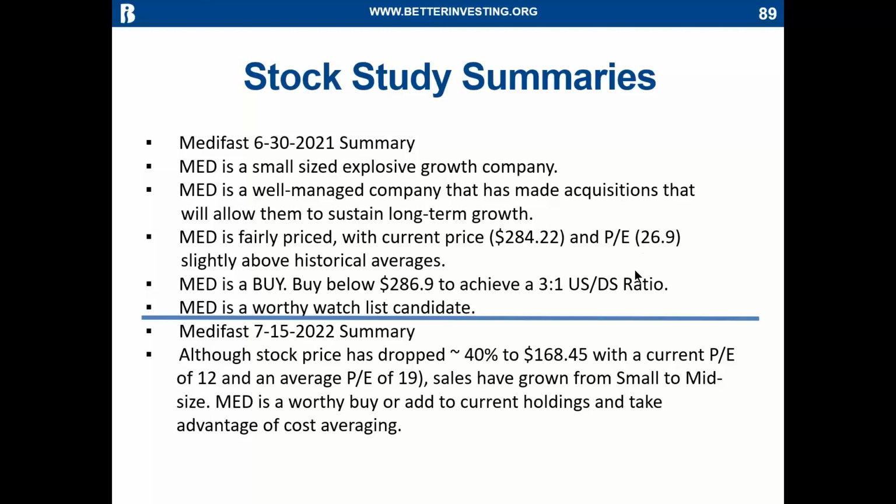And so Medifast has now grown from being just a fair company to put maybe on a watch list and watch, to actually being a worthy buy, or if you've got holdings, to add to those current holdings and take advantage of cost averaging. Next slide.